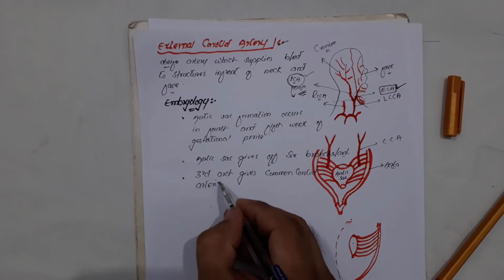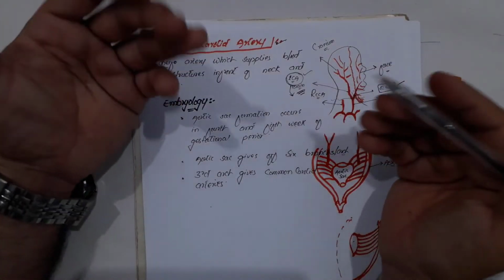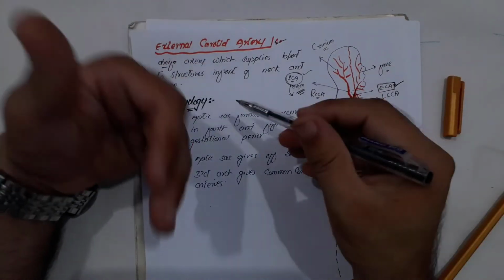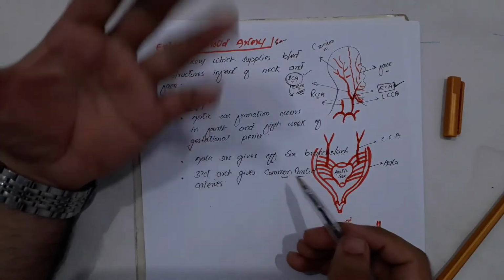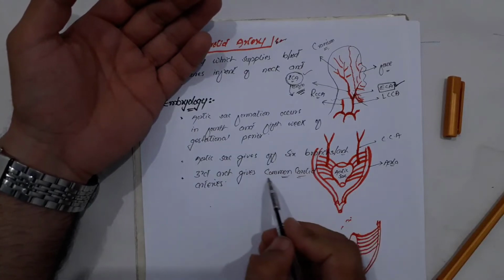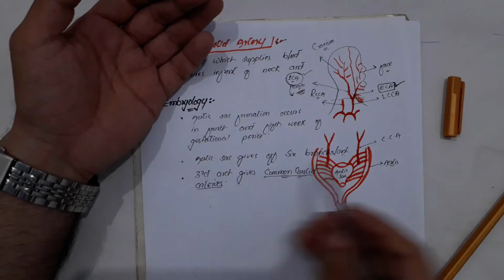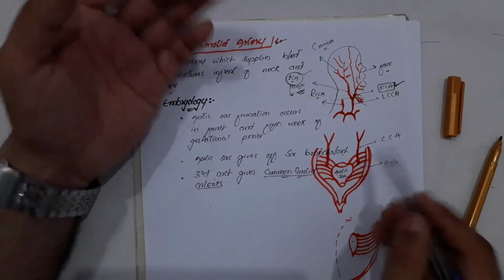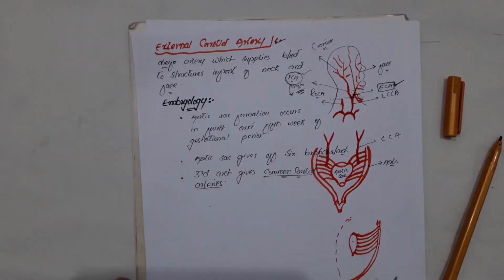Clear? Just to know about the formation of the common carotid arteries, if someone asks, our answer is that during the gestational period, the common carotid arteries are formed by the third arch of the aortic sac. This is enough about its embryology.